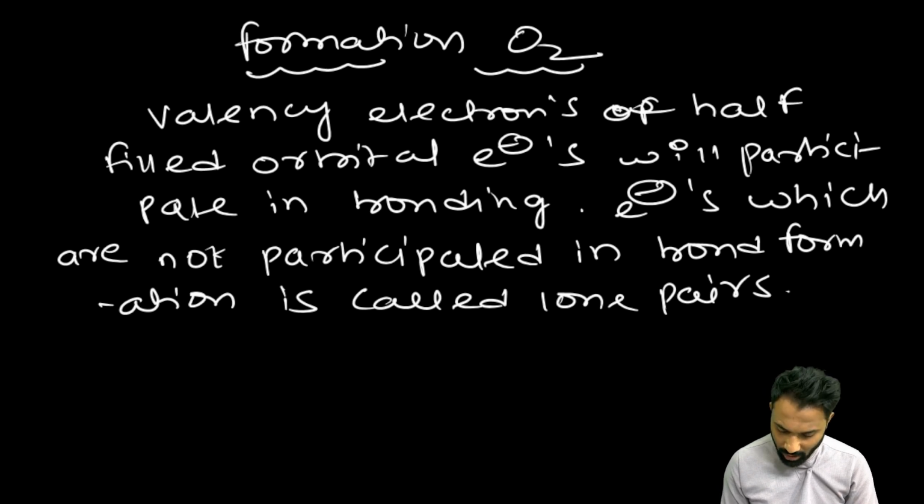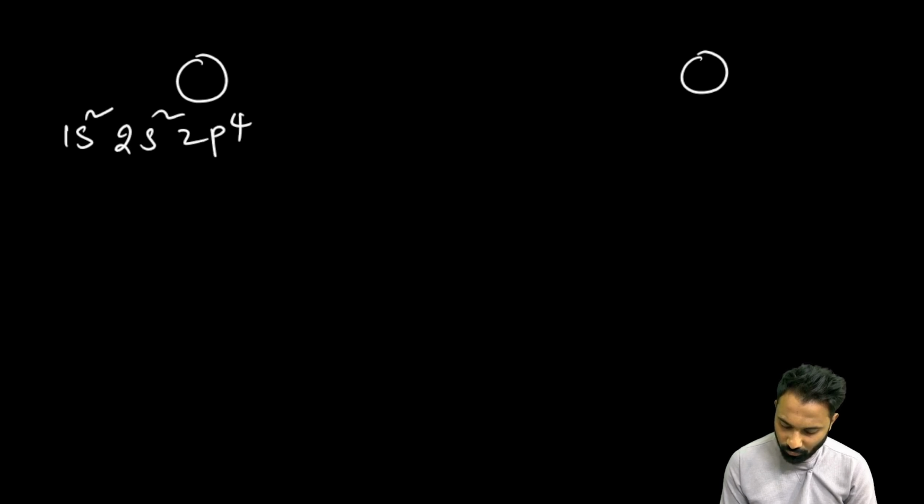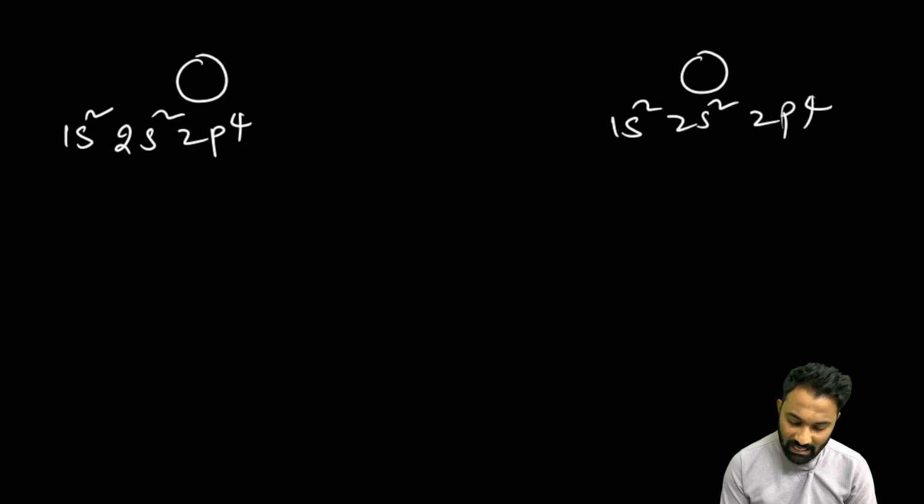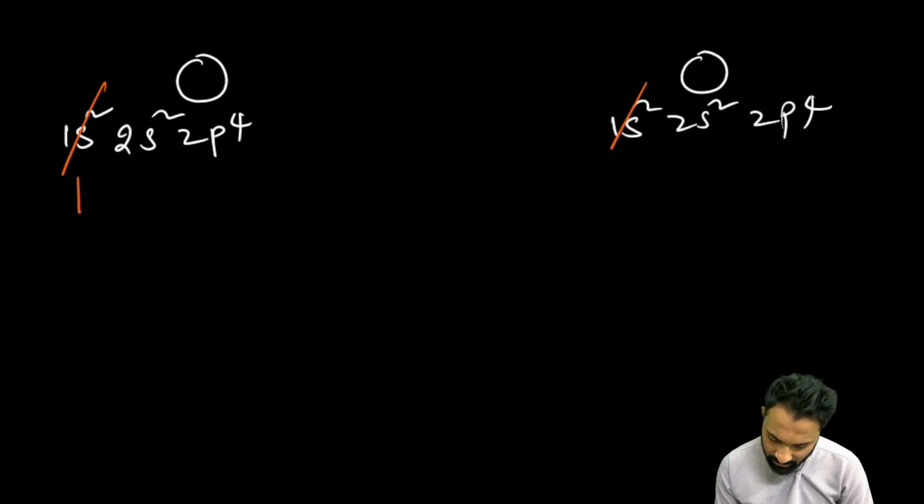Now you see, for oxygen, we are talking about two oxygens, right? One oxygen and one oxygen. One oxygen's electronic configuration is 1s2, 2s2, 2p4. Then the other oxygen is 1s2, 2s2 and 2p4. Now, what I said: valency electrons participate in the bond formation, so 1s we can cancel out. Then in the s orbital we have 2 electrons.